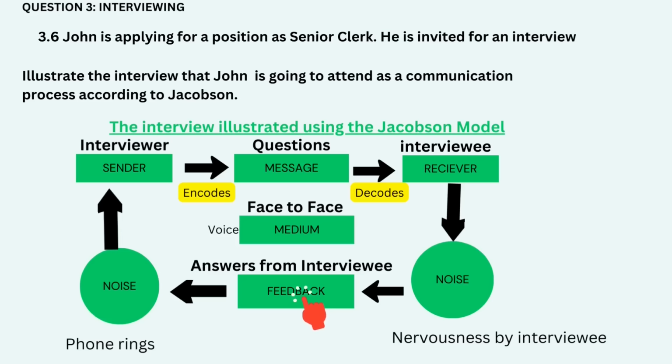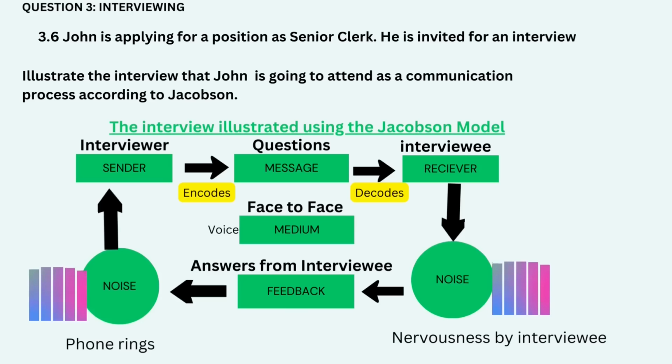The interviewee then provides feedback by answering the questions with responses. These answers constitute their feedback to the interviewer's questions. Potential noise factors during the interview may include interruptions such as background noise, ringing phones, interviewee nervousness, or biases on the part of the interviewer. Additionally, technical issues or language barriers may also introduce noise into the interview process.